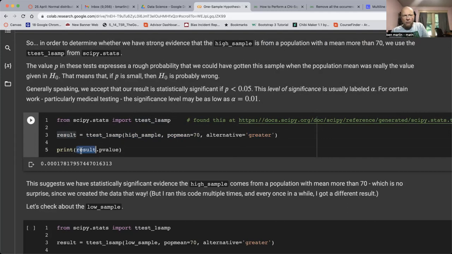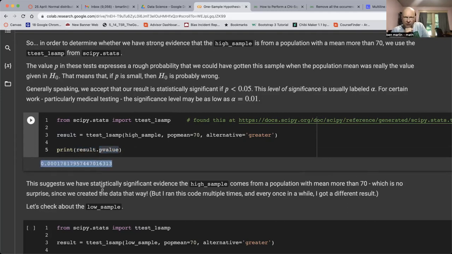And then I told it to print the result's p-value. So you're able to take the result, and the result has like several different pieces to it. It has a p-value and a t-score, a t-value, and maybe some other stuff built in as well. Okay. But in any case, we asked it to print out the p-value here.